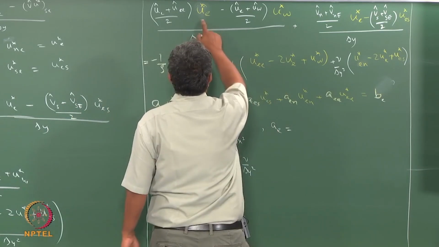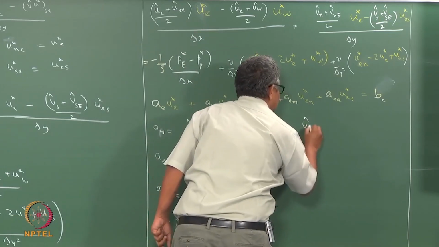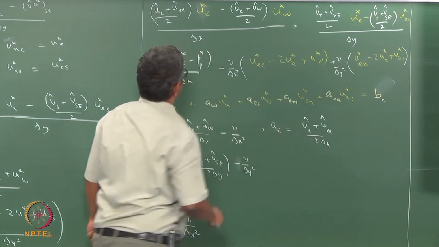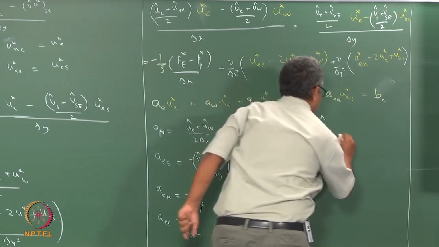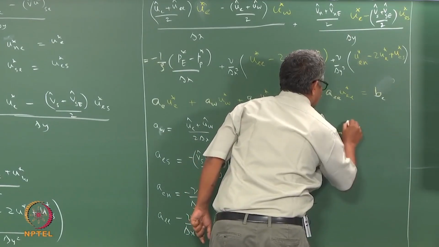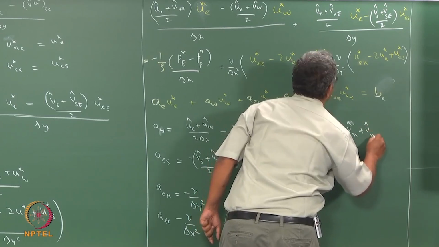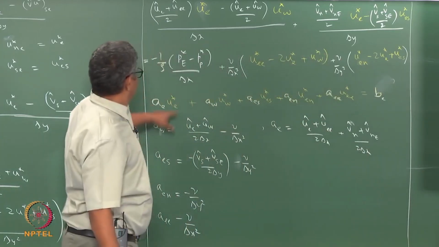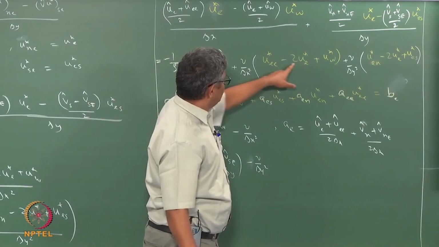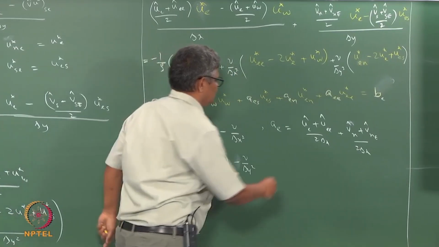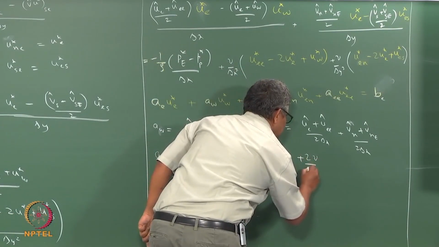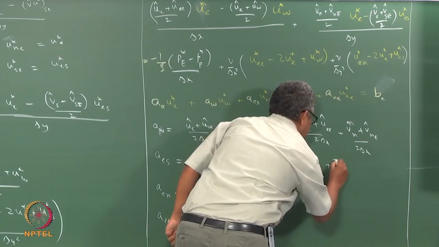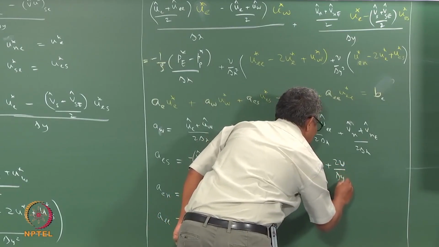So A E is a contribution coming from here, which is u hat E plus u hat E by 2 delta x, and it's coming here plus v hat n plus v hat n capital E by 2 delta x, and here we have minus 2 nu by delta x square, but when you bring it to the other side, this becomes 2 nu by delta x square, and here we have plus 2 nu by delta y square.